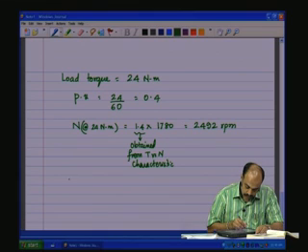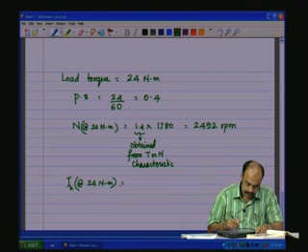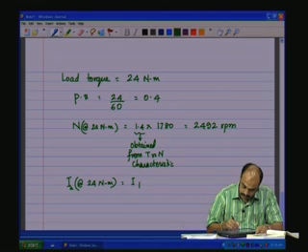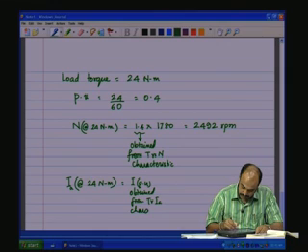Now, the current IA at 24 Newton meter will be whatever the current in per unit obtained from the torque versus IA characteristic, into I base.